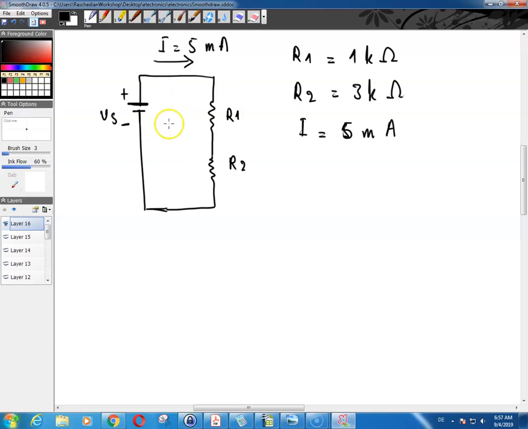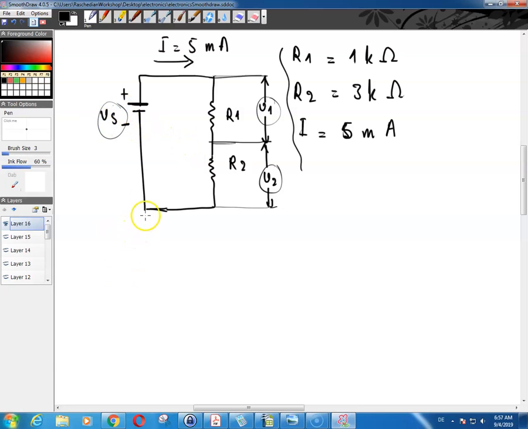You want to calculate the voltage across this resistor here, and the voltage across this resistor. If I call this V1, and this V2, the voltage across R2, then you want to calculate V1, V2, and V of S.